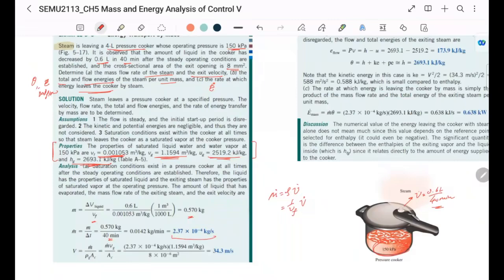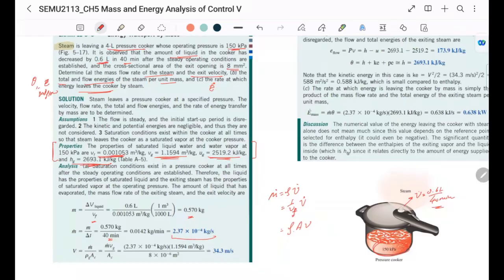And then how about the velocity? So the velocity is basically rho A V. Here we are using the density for the fluid, because the question says that the amount of liquid in the cooker is decreasing by this much.